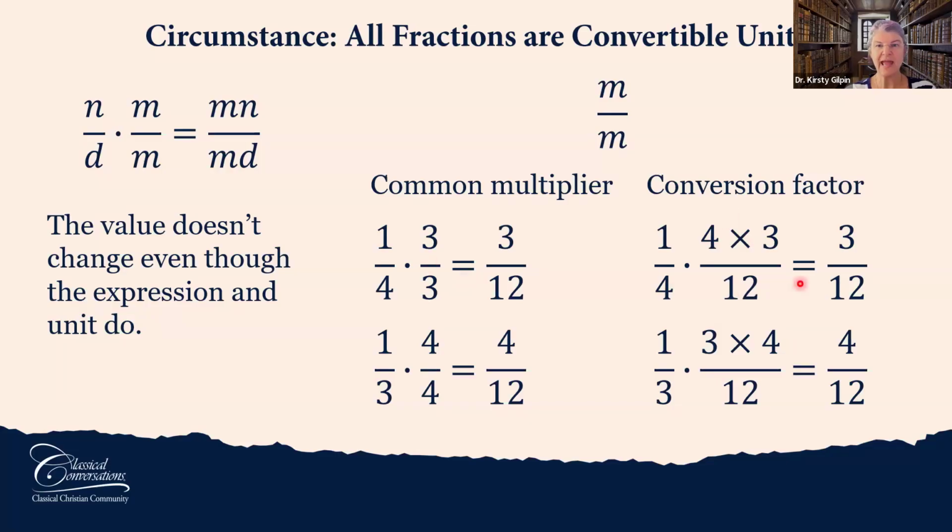And I see my new unit shows up here. So I can actually see how I'm changing from fourths to twelfths using an identity fraction. And that may help your students. Even if they eventually get to where this is their shortcut, I think using this idea of fractions as a conversion factor is going to help them. So that's why this works.